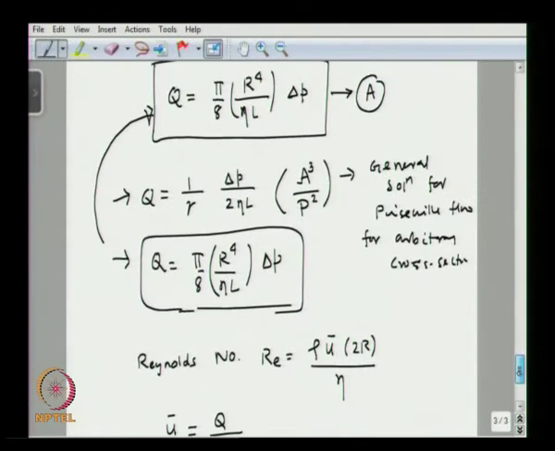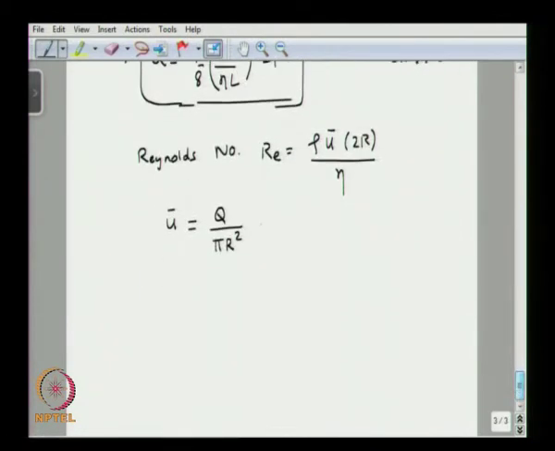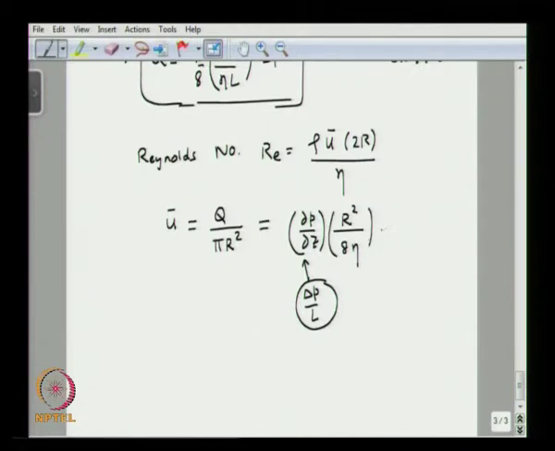If you divide by pi r square, what you get is delta p over delta z, which is nothing but delta p over L, because pressure is varying linearly, into r square over 8 eta. So, that is the expression for the average velocity.